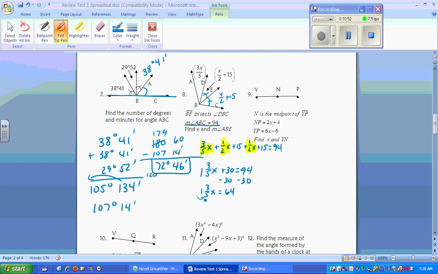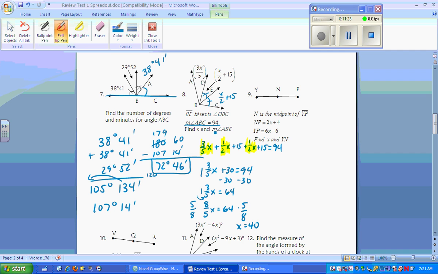So 1 times 5, add 3, I got 8 over 5x equals 64. Well, how do you get rid of a fraction? If you said reciprocal, you are correct. So we're going to multiply by 5/8. So you're going to take 5 divided by 8 in your calculator, multiply by 64, and you end up x equals 40.